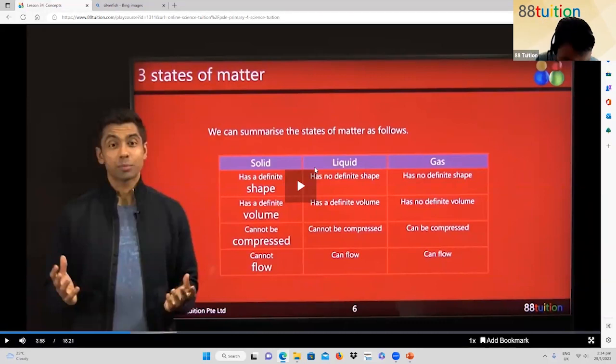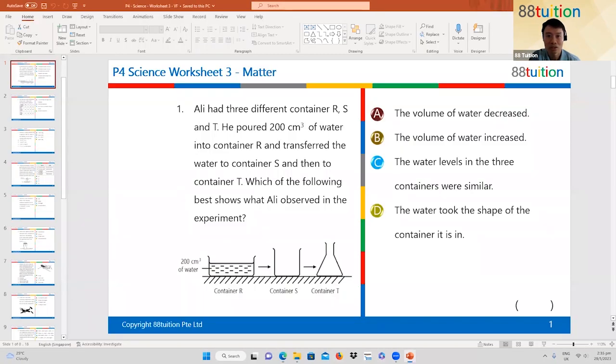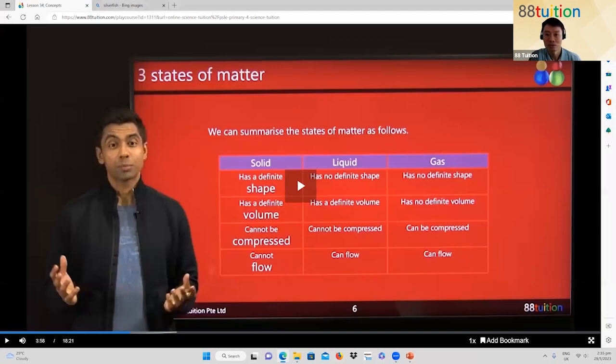So today is week number 3. We're doing week 3, so no confusion about it. This is lesson 34, and this one is worksheet 3, tutorial 3.